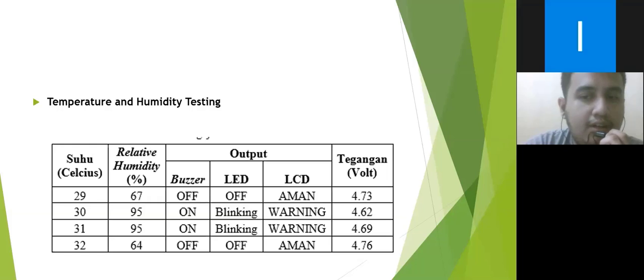From the table, it can be seen that when the temperature is 29 and relative humidity 67%, the indicator LED and buzzer turn off and the LCD displays the condition of a safe room.